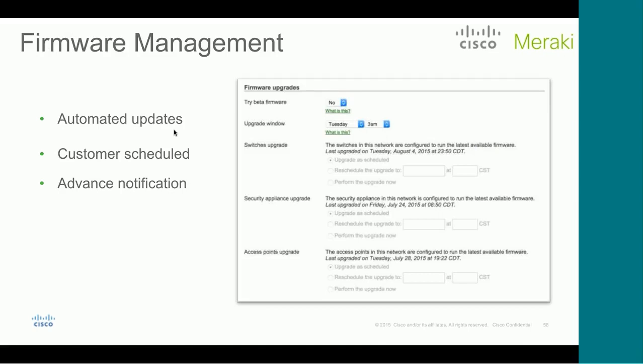So we talk about cloud-based visibility and remote troubleshooting. Now no matter where I am in the world, I can actually log into my Meraki dashboard and see what's going on.